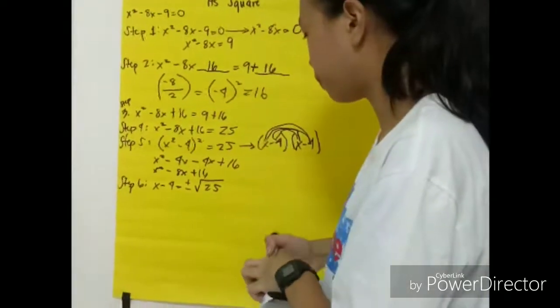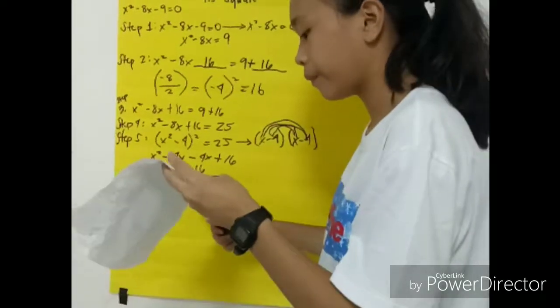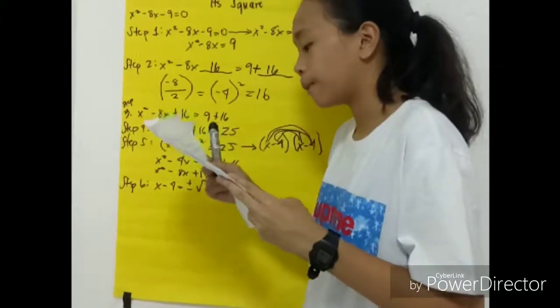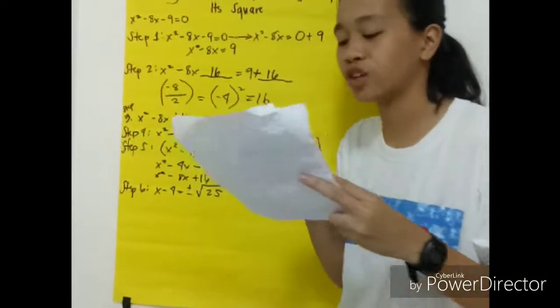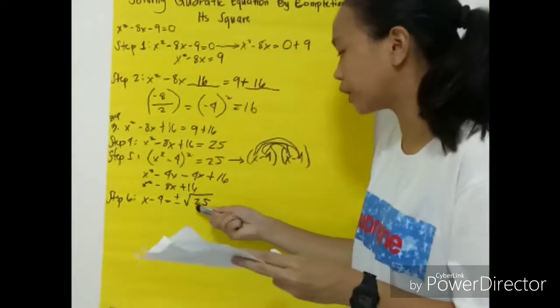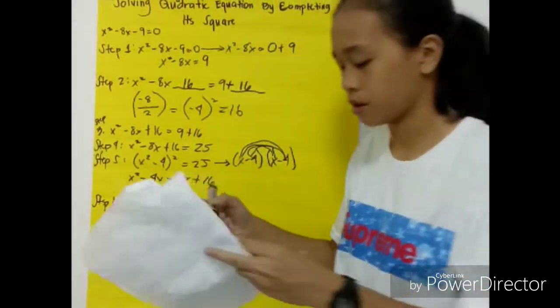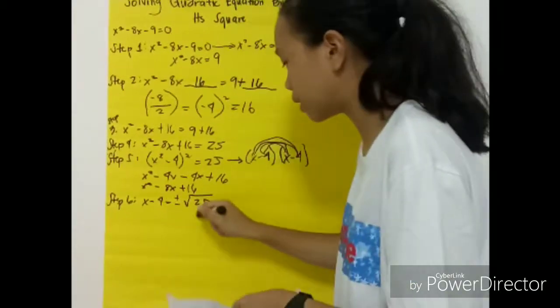So, solve the equation by extracting the square root. So, ang square root dito sa 25 is 5. So, copy lang dito, tapos dito.